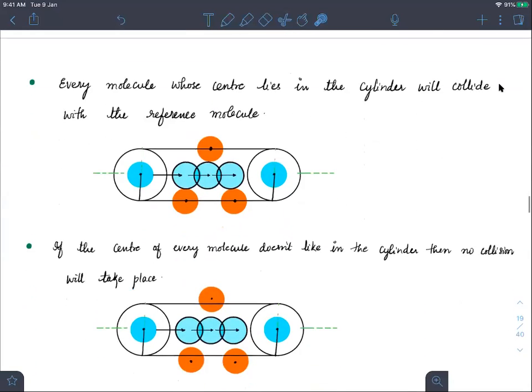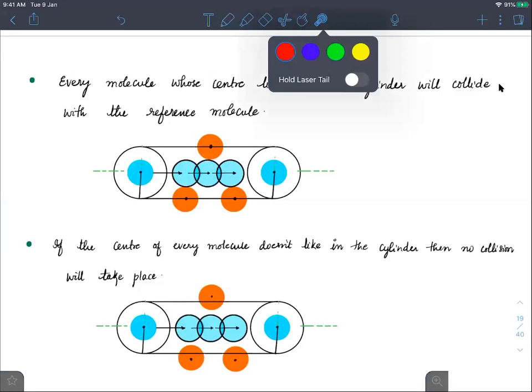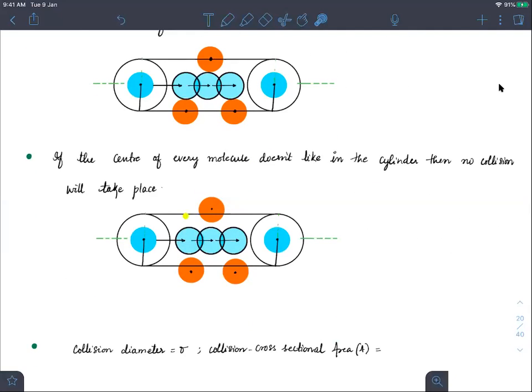Now, imagine every molecule whose center lies in the cylinder will definitely collide with this particle, or no? If this reference particle is present inside the cylinder, then there is a chance that both of them will touch each other. If the center is away from the cylinder like this, will this particle touch this? No, right?